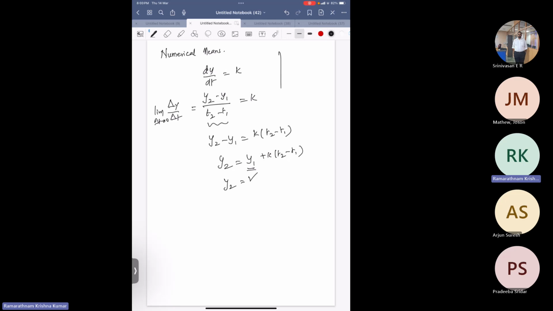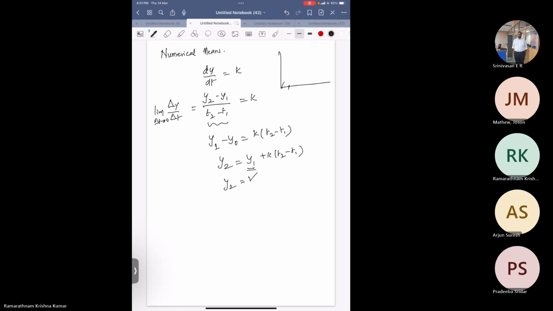Let us say that I have some curve like this. For a generic case, I'll say that y naught is 0, I'm starting from 0. K is actually a constant, so I should be careful in drawing this graph.